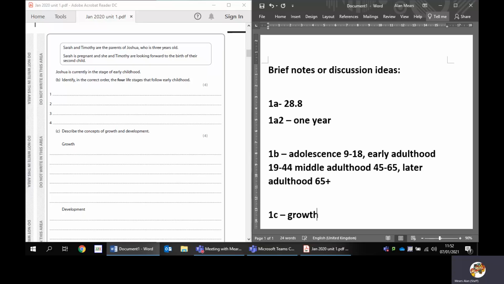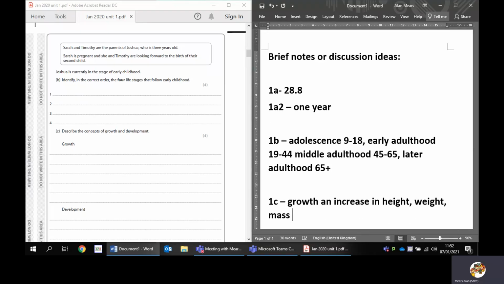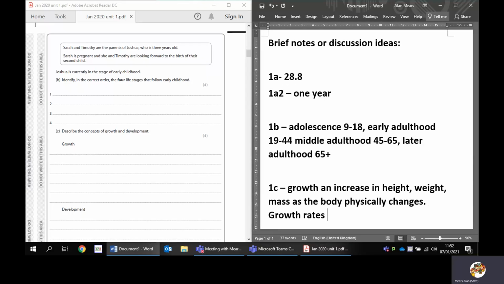So growth is an increase in height, weight, mass as the body physically changes, and then growth rates vary across life stages.